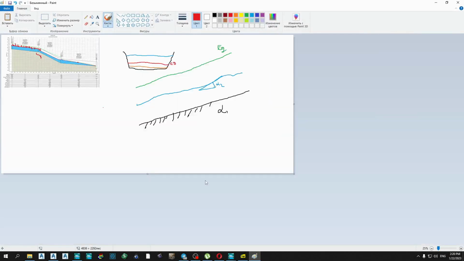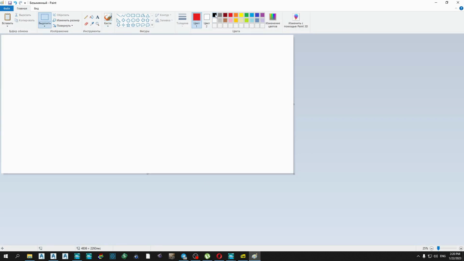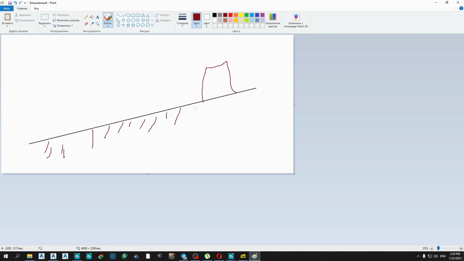Before setting up a task in HEC-RAS, you need to imagine the real flow in your head. Let's draw the profile plot of our dam break. It's the first black line, the bed slope with its dam. The real slope doesn't matter in this drawing.